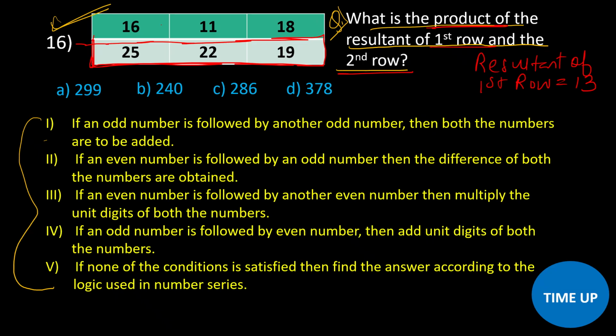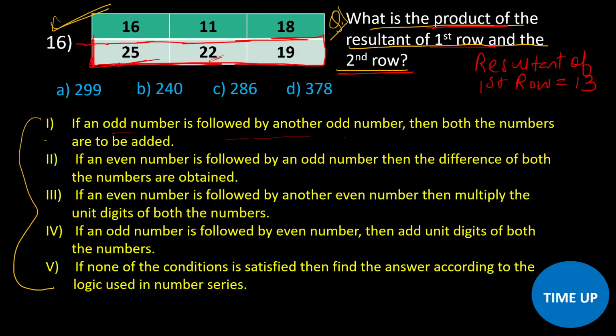Now again you need to check the conditions. What are the conditions telling you? 25 is an odd number, so focus on the odd number conditions. Is an odd number followed by another odd number? No, 22 is not an odd number.